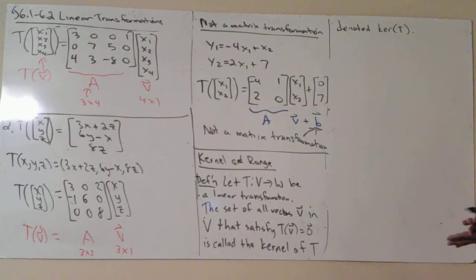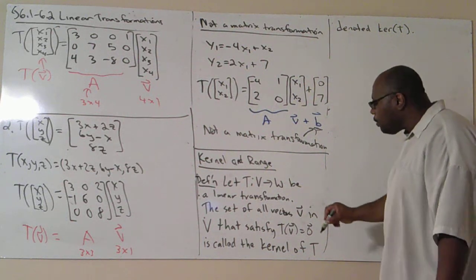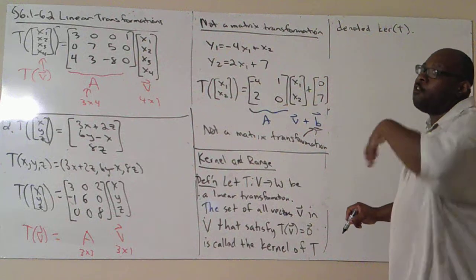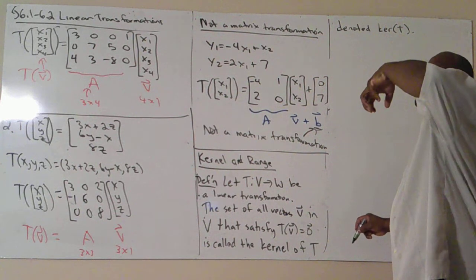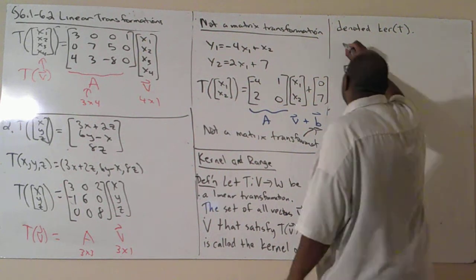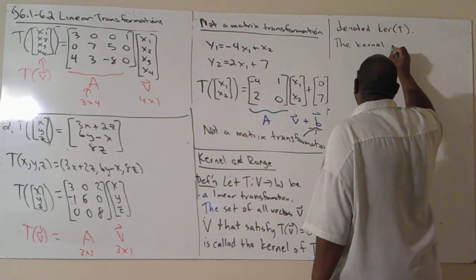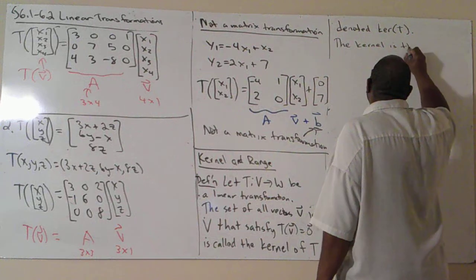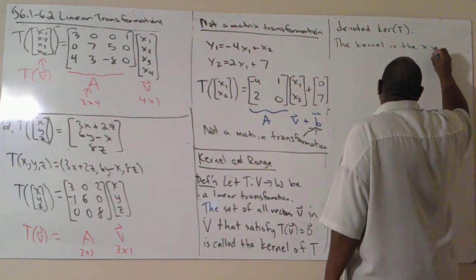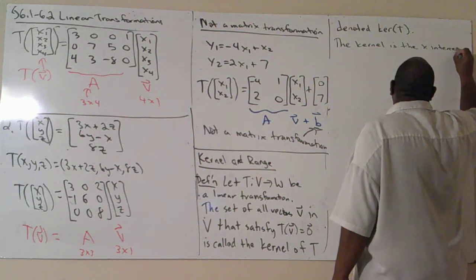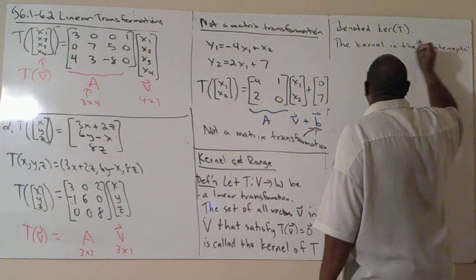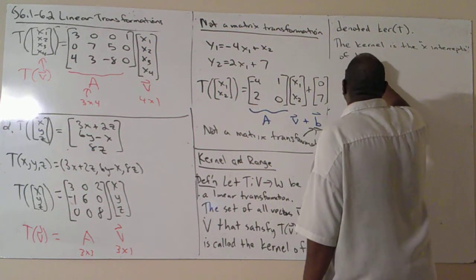So essentially, it's the x-intercepts. Just like we did with the null space, the kernel of T is the x-intercepts, in quotes, of the transformation.